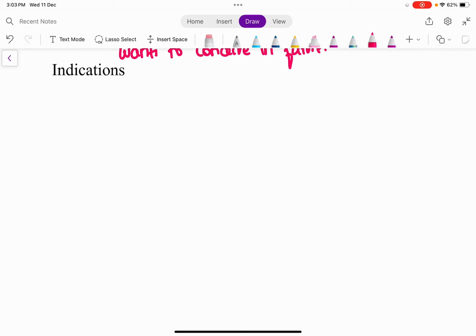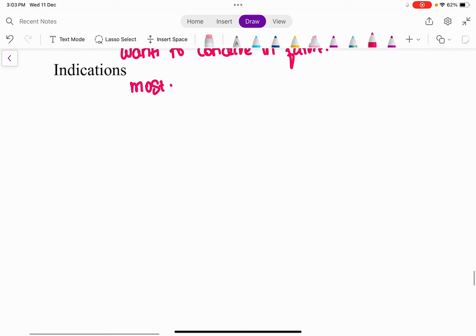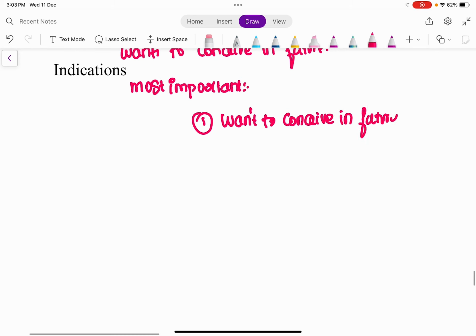So therefore, the most important indication is that the patient wants to conceive in the future. The family of the patient is not completed.